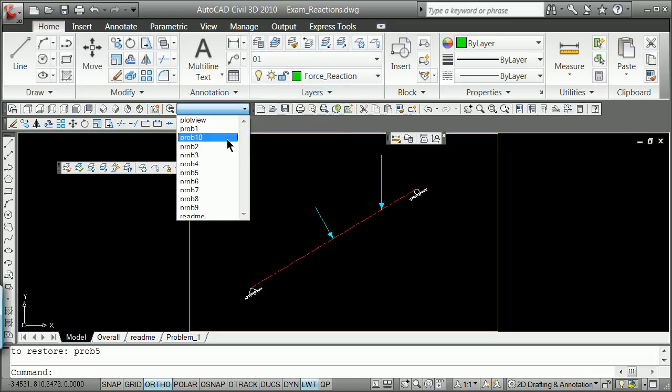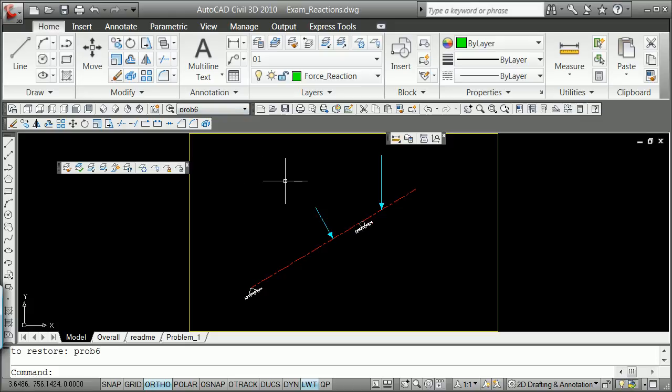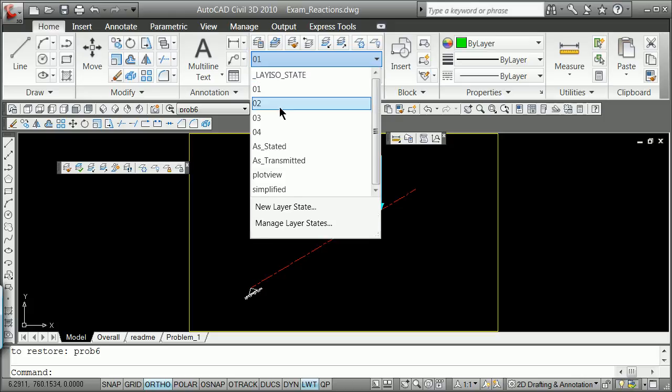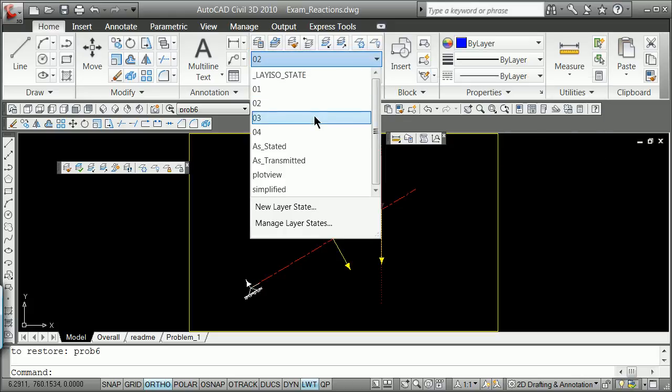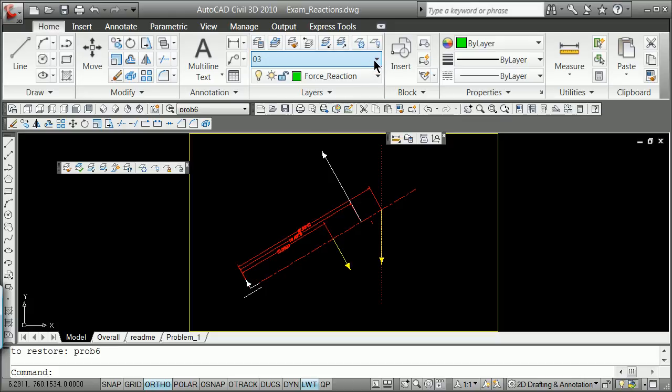Problem 6. Again, you see this force out here is going to actually cause, after the time you slide and divide, a negative reaction out here. You slide, measure, and divide.